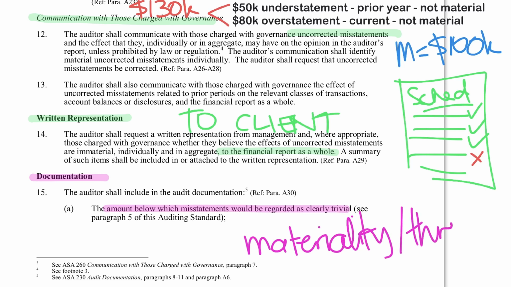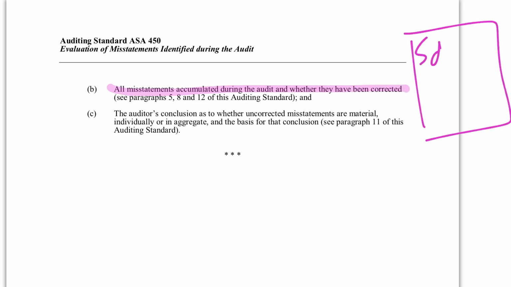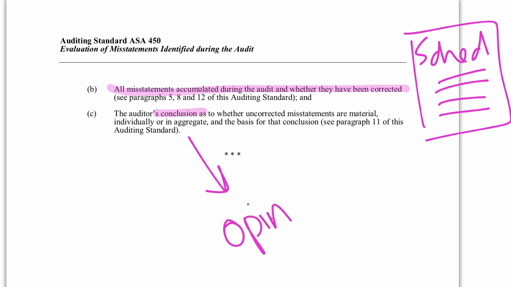Sometimes it's also called some sort of threshold. We also have to document all the misstatements during the audit, whether they were corrected or not, and that's where that particular schedule comes in that I was talking about earlier. And then my conclusion, and what the impact is also going to be on our audit opinion.